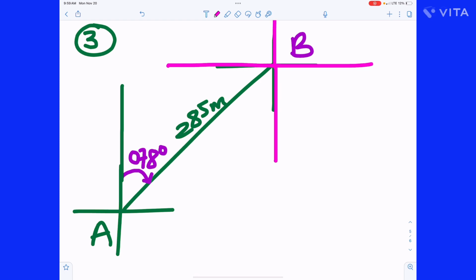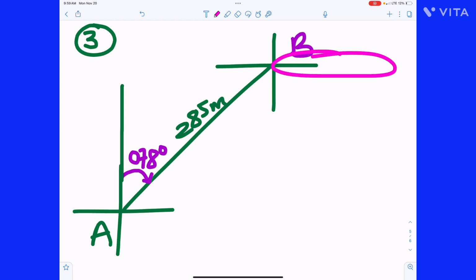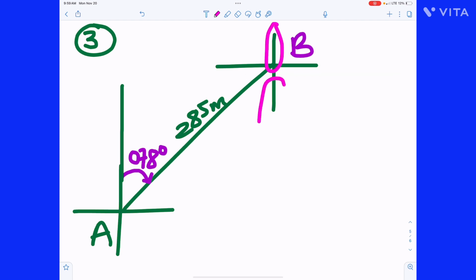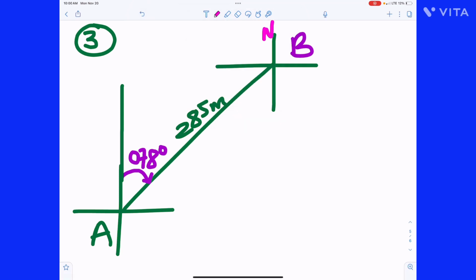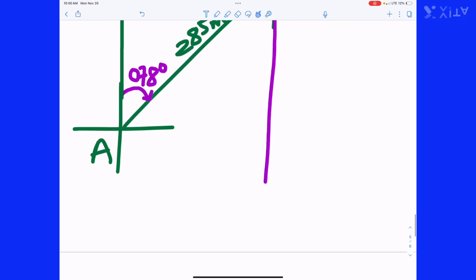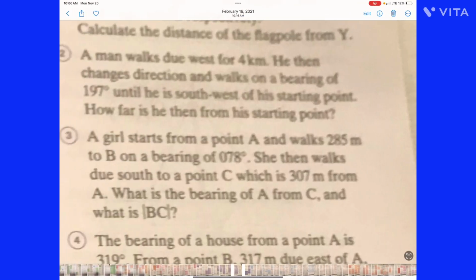This is due west. This is due north of B. This is what? Due south. Let me mark that again. This direction is due east of B. This is due west of B. This is due north of B. This is due south. So he walked due south, in this direction, until he is what?